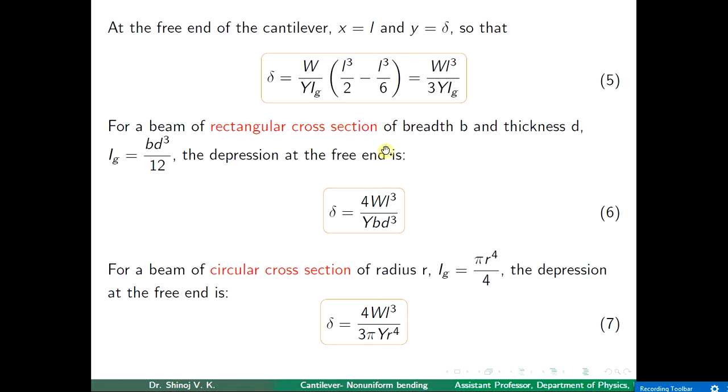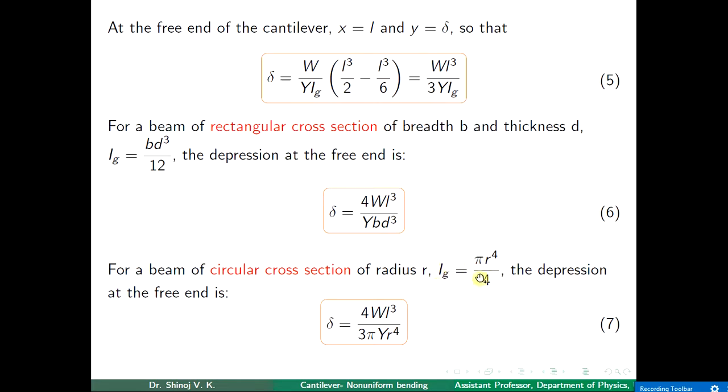Now for a beam of rectangular cross section, as we discussed earlier, of breadth b and thickness d, the Ig value, that is Ak², will be bd³/12. So the depression of the free end becomes delta = 4WL³/(Y b d³). Now for a beam of circular cross section of radius r, the Ig value is πr⁴/4.